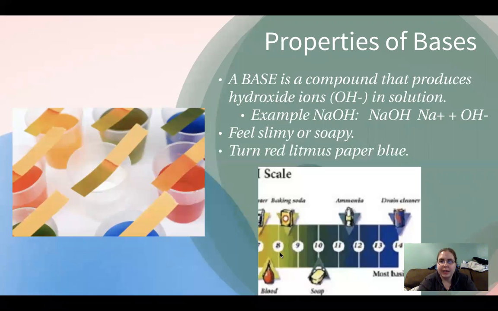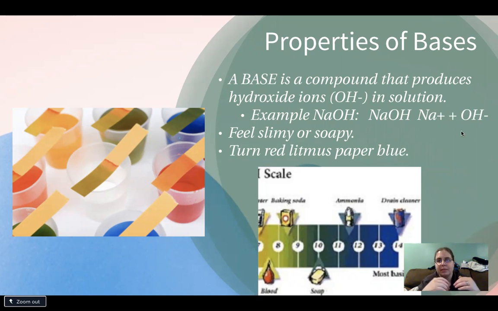So, properties of bases. A base is a compound that will form hydroxide ions, OH-, in solution. Here's an example: sodium hydroxide, NaOH. When we take the NaOH and break it apart, we get Na+, a sodium ion, plus OH-, the hydroxide ion.